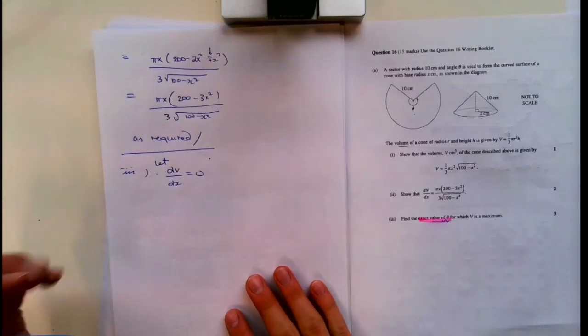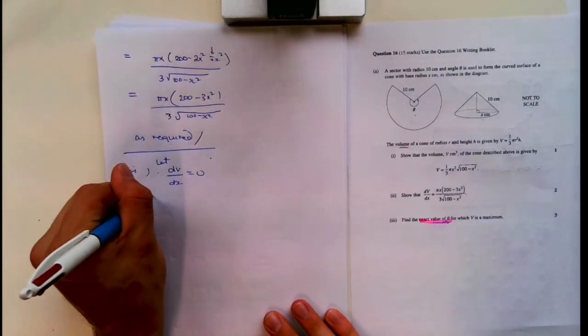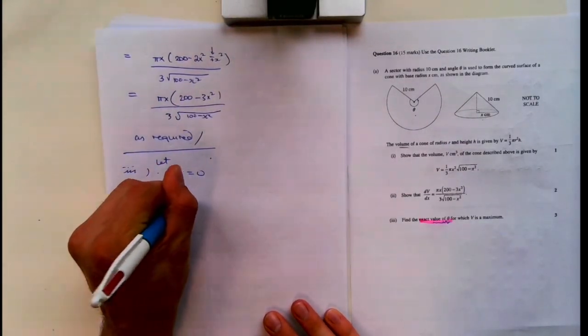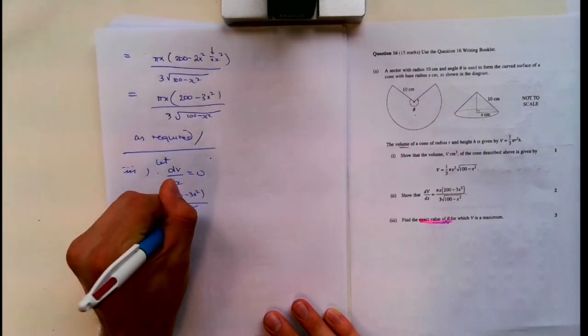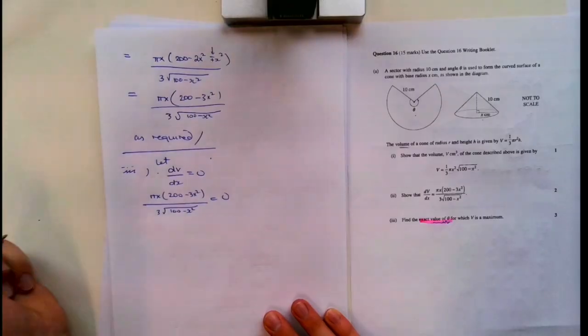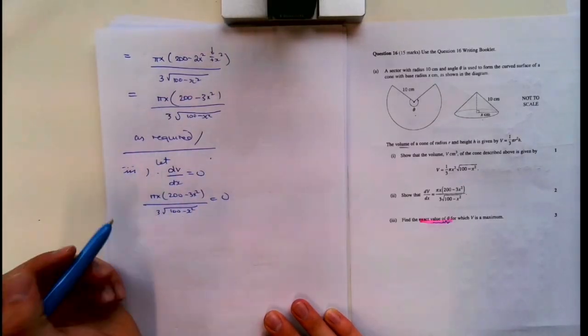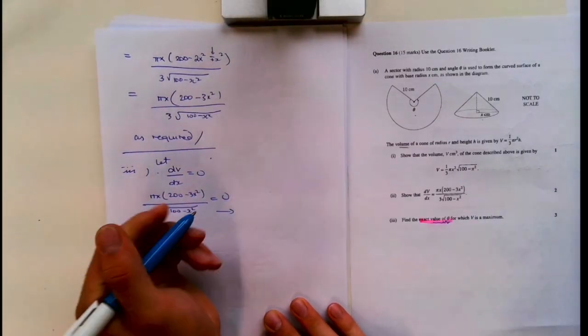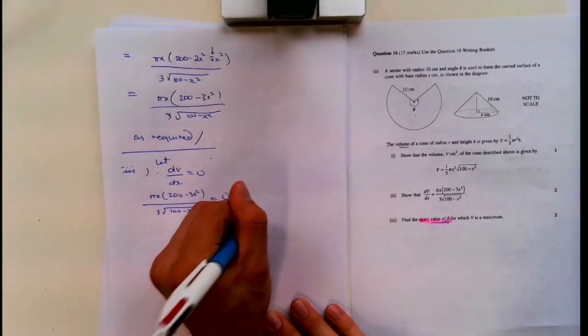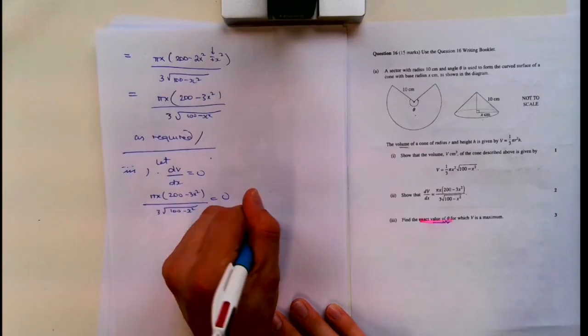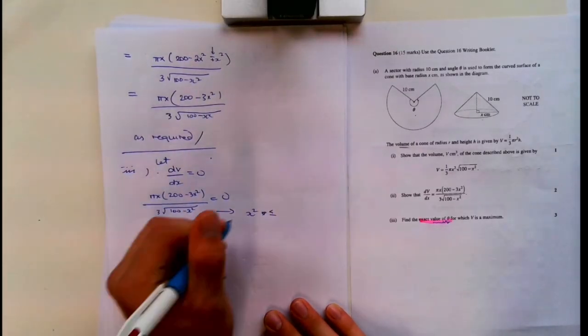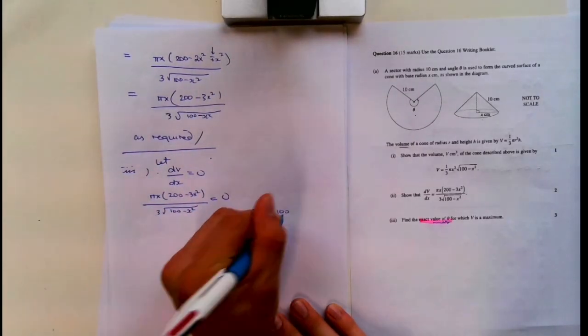So we're going to say pi x (200 minus 3x squared) on the square root of 100 minus x squared equals 0. The denominator is not really going to account for anything here. The only thing we have to notice is that x squared has to be less than or equal to 100.